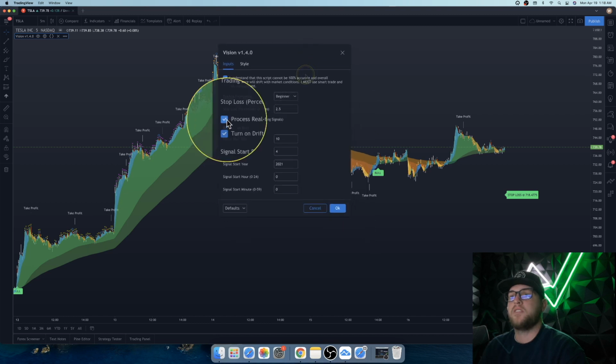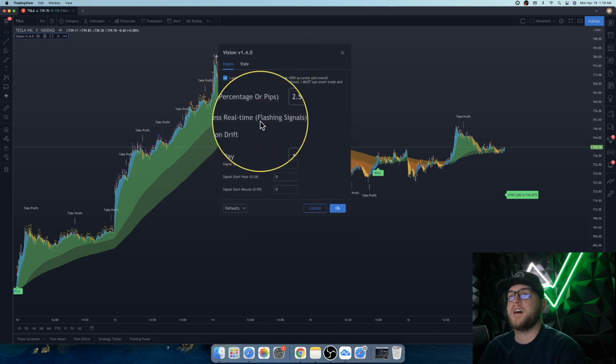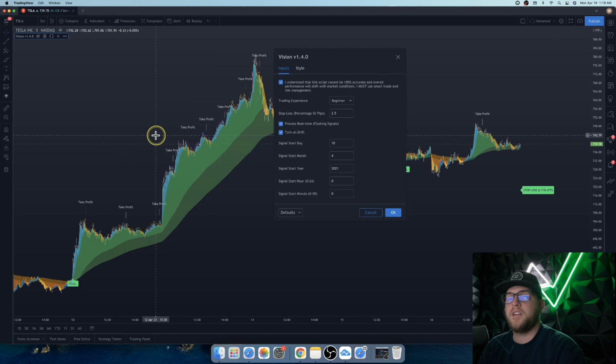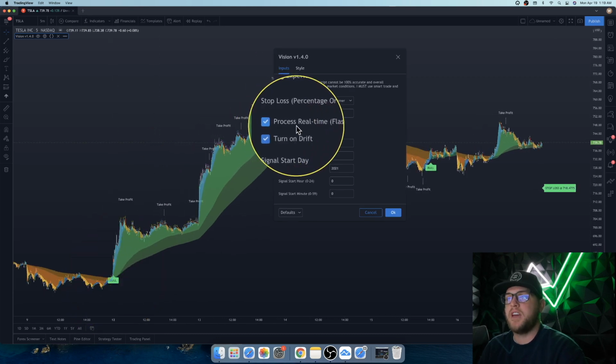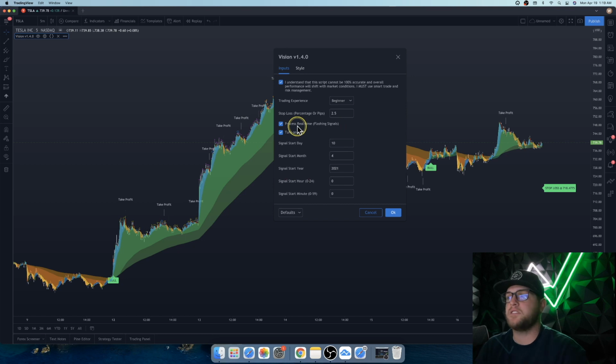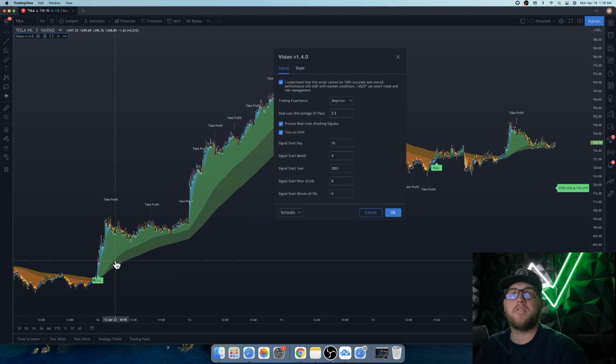Okay, so right here we see process real-time flashing signals. On this signal down here, we'll use this one as an example. If we have this box checked, then the signals can flash. What that means is if we're on a 5-minute chart and a lot of buyers come in and start to push it up, push it up, push it up, but then 2 minutes later on the same candle, sellers start to push it back down.